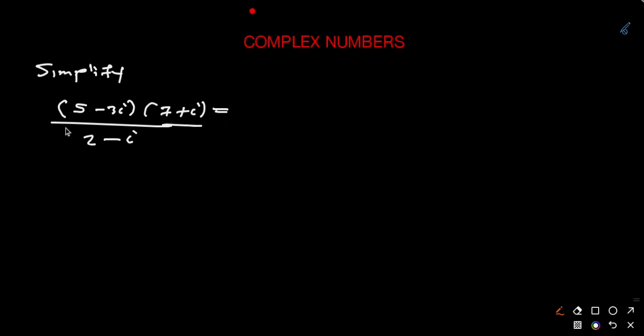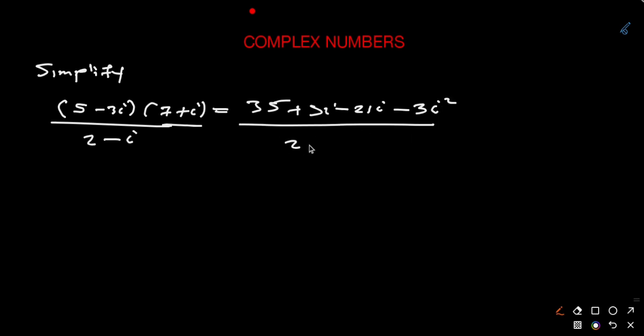So the first thing here, I'm going to multiply the numerator part. 5 multiplied by 7, that is 35. Then 5 multiplied by i, that is 5i. Then negative 3i multiplied by 7, that is negative 21i. Then negative 3i multiplied by positive i, that is negative 3i squared. Then divided by 2 minus i.